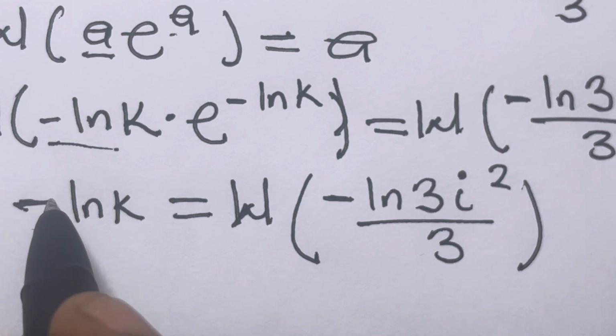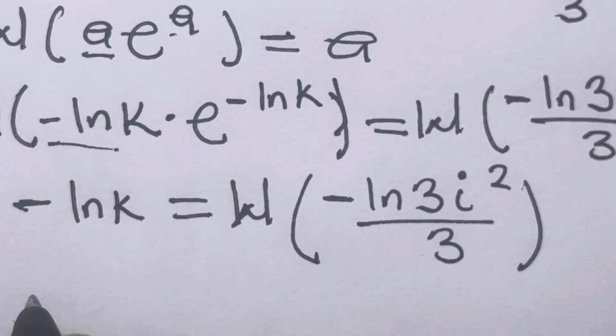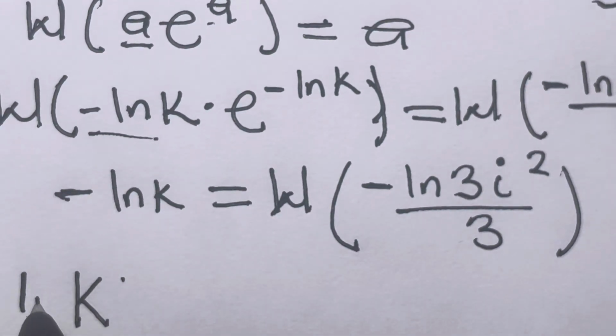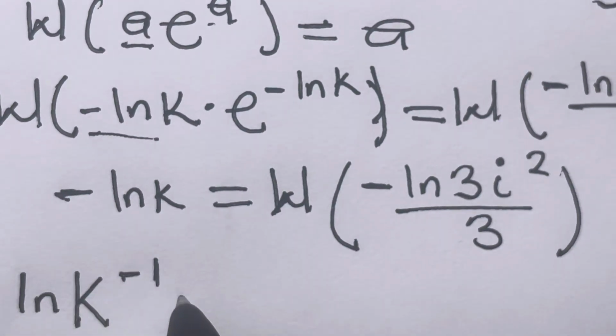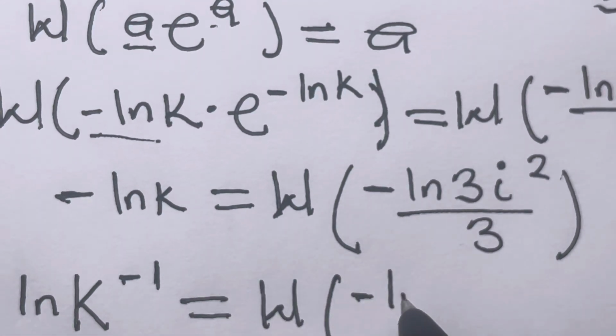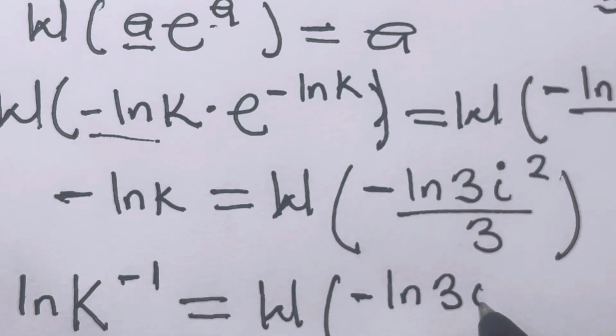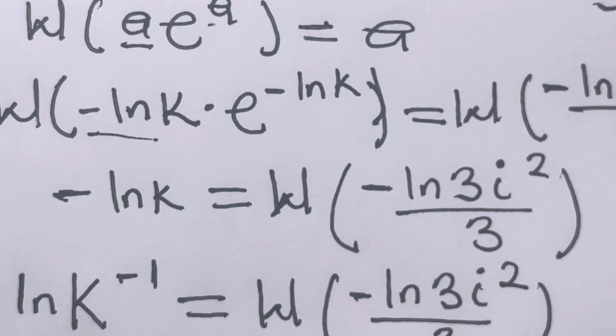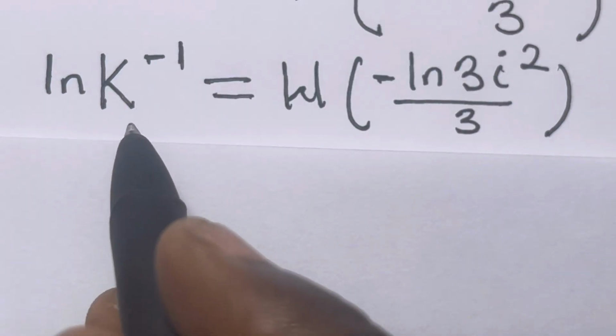So now we'll have this. Let's transfer this minus 1 back. So we have ln k raised to power minus 1 equals the Lambert function of minus ln 3i squared divided by 3. We have to do something interesting here.